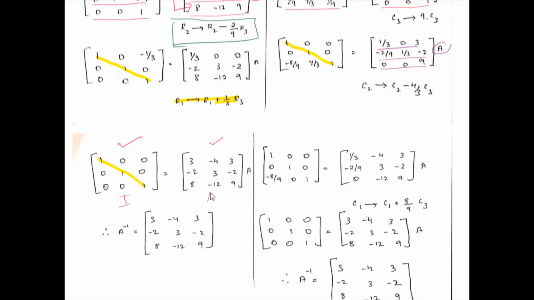Here in the left hand side the I is present, and in the right hand side A with one matrix. Therefore the other matrix is the inverse of this A. So therefore A inverse is equal to 3 minus 4 3, minus 2 3 minus 2, 8 minus 12 9.